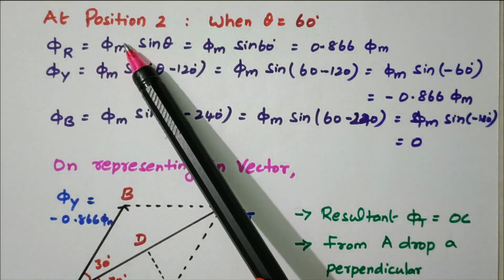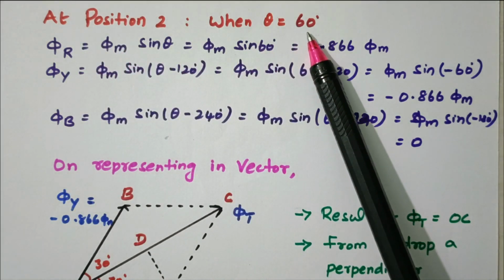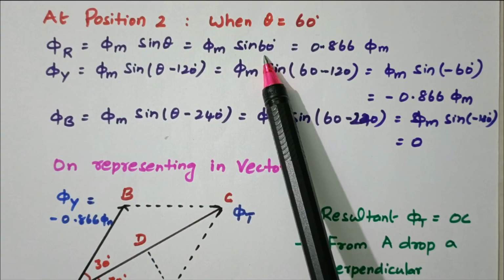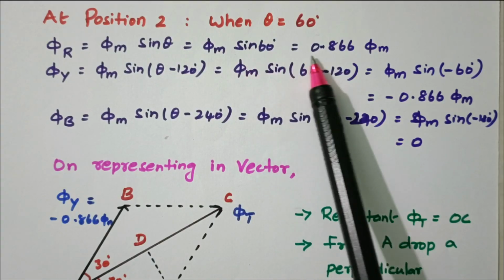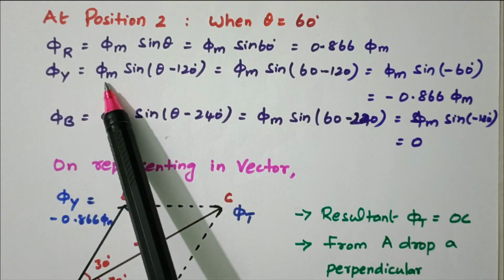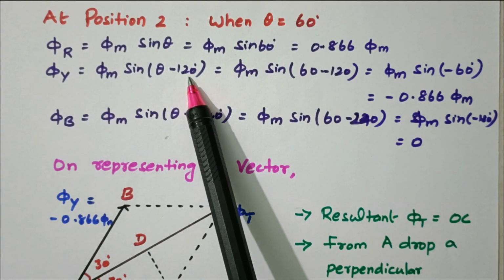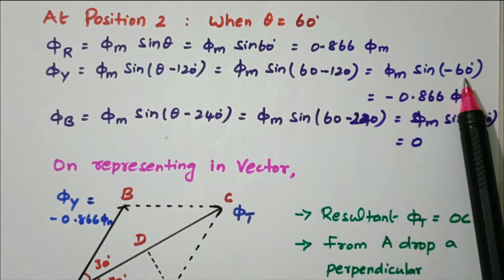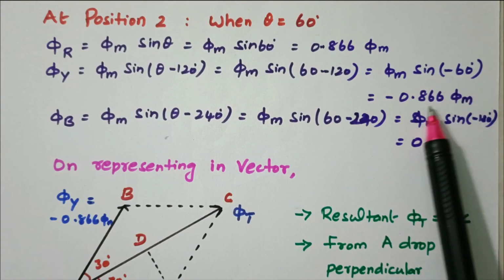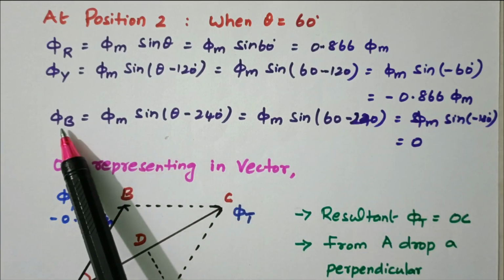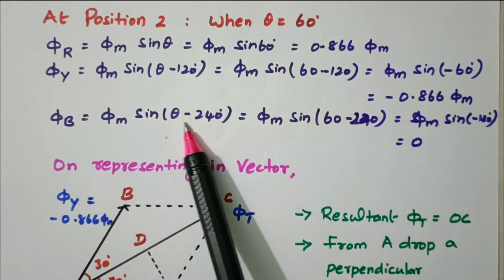So at position 2, theta equals 60 degrees. φr equals φm sin theta. Theta is 60 degrees, so sin 60 is nothing but 0.866 φm. φy equals φm sin of theta minus 120 degrees. Theta is 60, so 60 minus 120 is minus 60 degrees, so sin minus 60 is minus 0.866 φm. Then φb equals φm sin of theta minus 240.